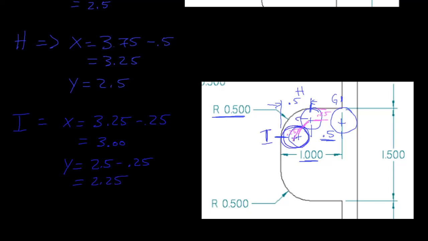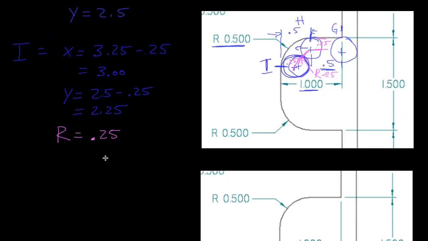All right, and it moves on a radius of r is equal to 0.25. So that radius right there, 0.25. All right. So here's point I right here. And it's going to move to point J.